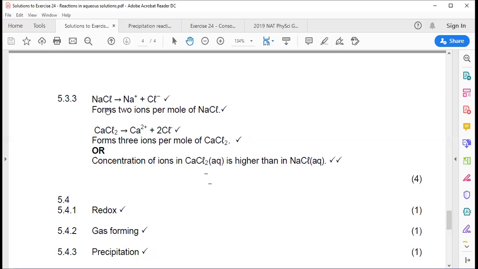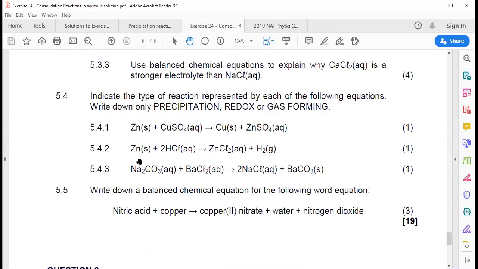That's why when you take salt and connect a wire, it won't conduct electricity, because there are no free ions, since the two charges are bonded. But if you put it in solution, then your Na plus and your Cl minus are now able to conduct electricity. Okay, we'll move on to the next one.